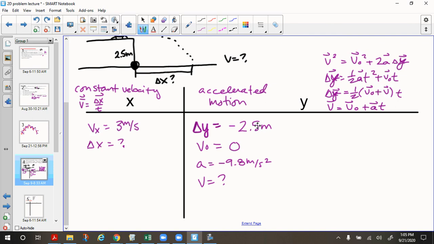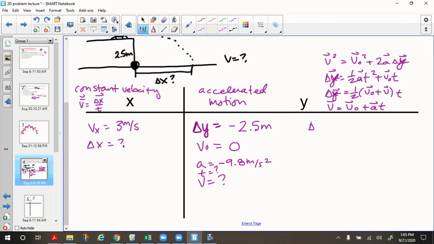So the first thing we're going to do is solve for time here. And to do that, we pick one of these equations. So I have displacement in the y, I have initial velocity, I have acceleration, and I need time. I don't have v final, so I'm going to pick the equation that doesn't have v final in it, which is the second one.